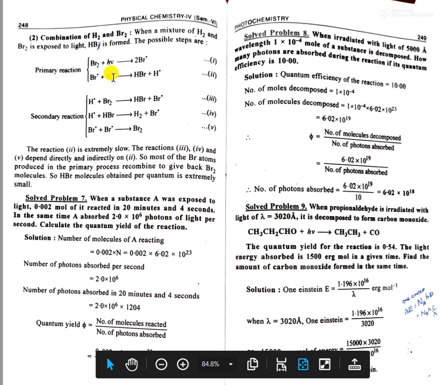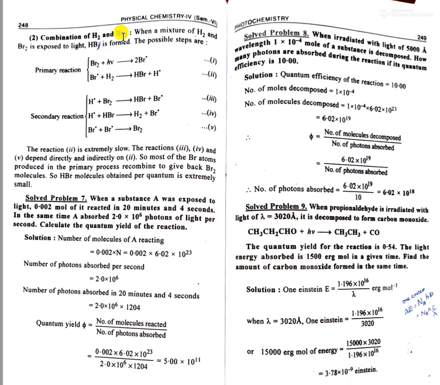Another example is the combination of H2 and Br2 to form HBr. So in this case the primary reaction is in the first step, that is the bromine molecule absorbing a photon forming 2 Br dot, and again this Br dot reacts with the hydrogen molecule and HBr is formed.